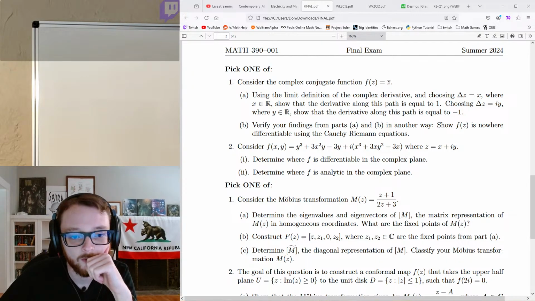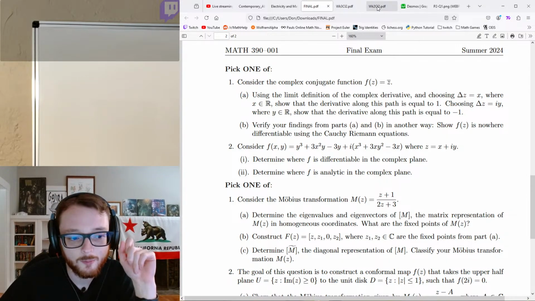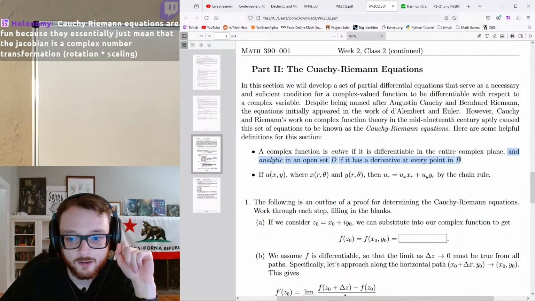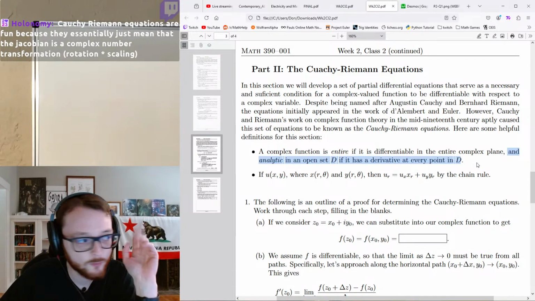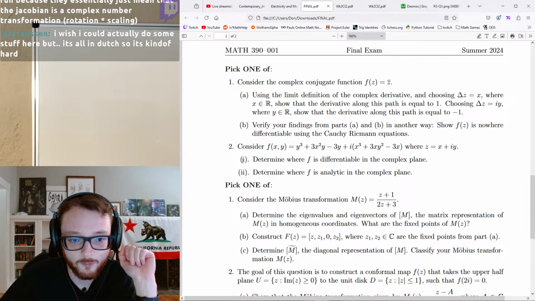I don't know why I explained the entire thing. I just need to do question 2 here. Determine where f is differentiable. Determine where f is analytic. Okay, I remember looking at this one and I got a little bit weirded out, because a function being analytic means that it is differentiable. So I'm not sure if you're supposed to get two different answers for part 1 and 2.